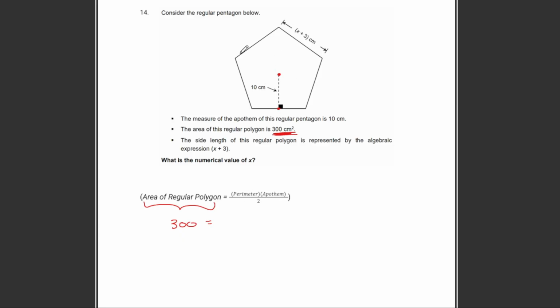It's the length around the shape, okay? Now, if we knew all the sides, we can add them all up, okay? And luckily, because this says it's a regular pentagon, I know that all the sides have the same length. So I could do x plus 3 plus x plus 3 plus x plus 3 plus x plus 3 plus x plus 3. Sure, I could do that, but that takes a long time.